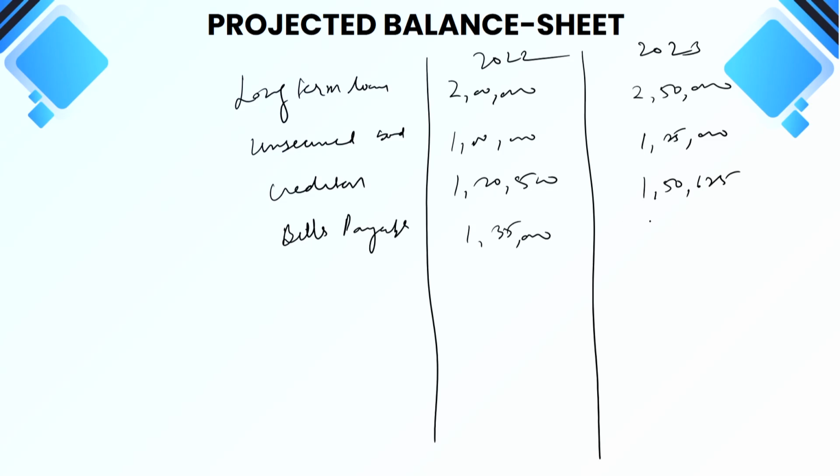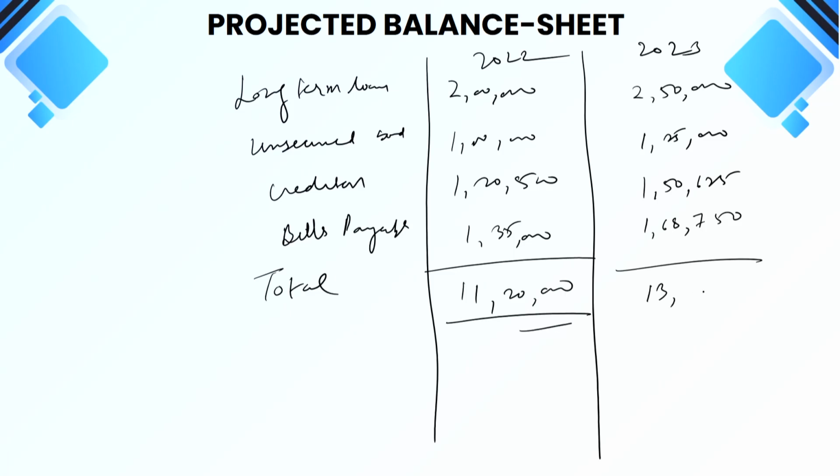Adding up the 25%, it reaches the figure of 1,68,750. Now we can compute the total of this side. This is 13,64,687 rupees and 50 paisa.